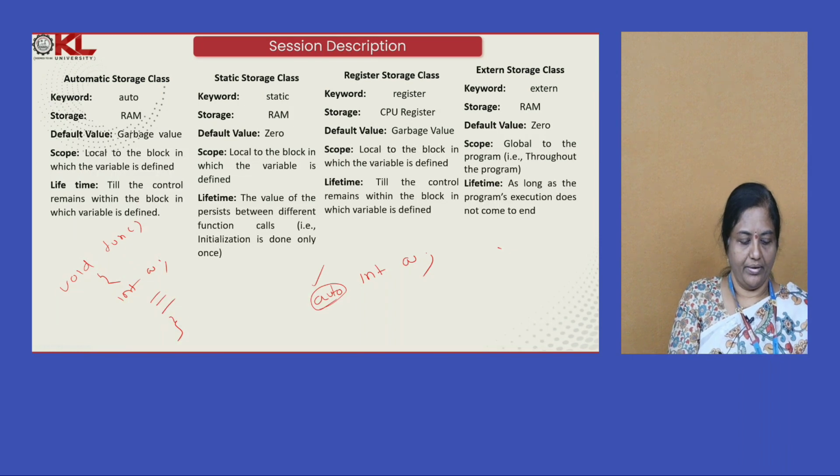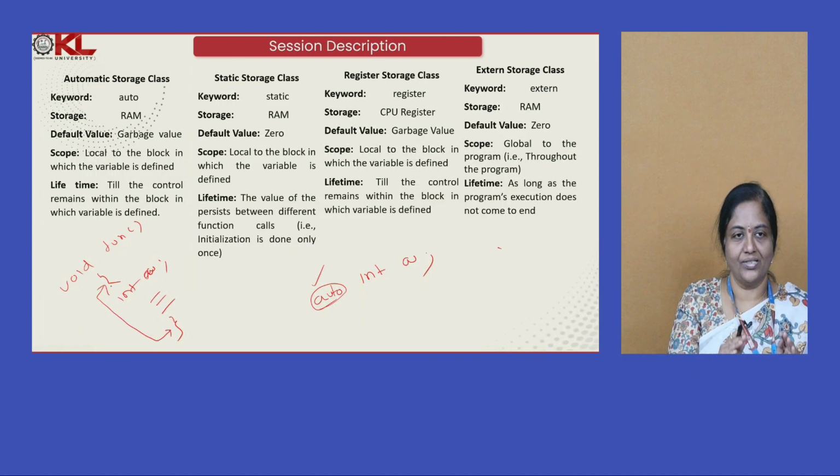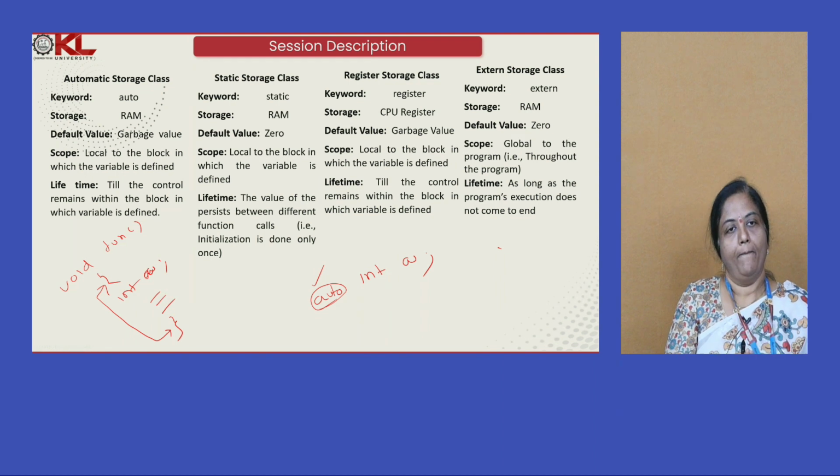But what is the scope, visibility, and lifetime of an auto variable? It is within the block where it is defined. It is visible and accessible, and the scope is within the block it is defined.